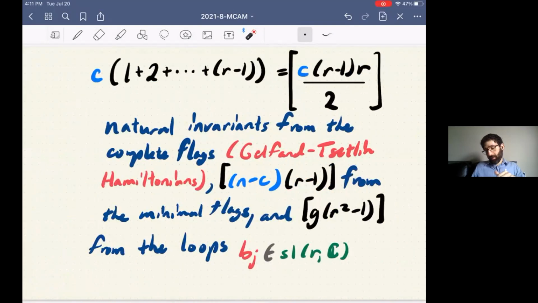And likewise, there are invariants that come from the minimal flags as well. If you do a count of all the natural matrix invariants coming from the complete flags, you get this number here. And then from the minimal flags, you get a certain number, which is this. And from the Lie-Poisson structure on the loops, you also get a certain number of invariant matrix coordinates.